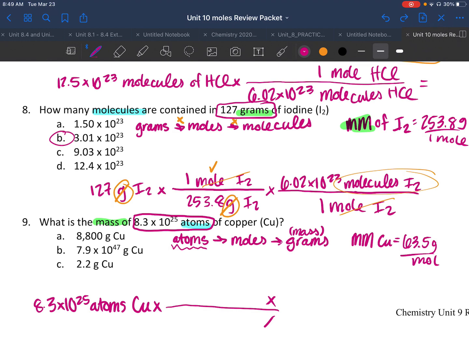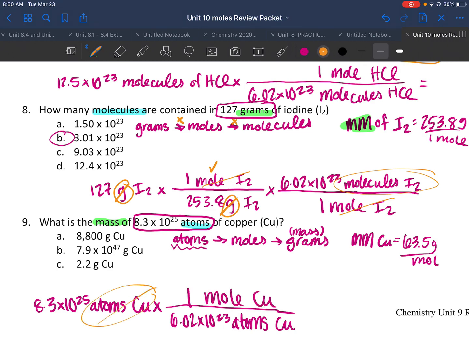Anyway, we were just discussing, do we put atoms on the bottom or top of this conversion fraction? Hopefully you said bottom, because we want to get those atoms canceled out. So that means we put Avogadro's number, which tells us there are 6.02 times 10 to the 23rd atoms of copper in 1 mole of copper. Awesome. So now atoms of Cu cancel with atoms of Cu. We're left with moles of Cu. That means we are done with this conversion.